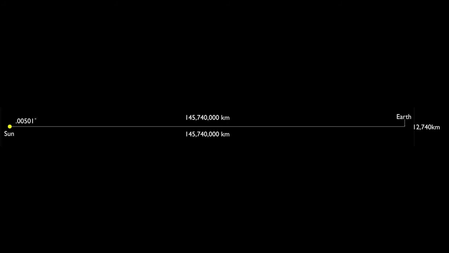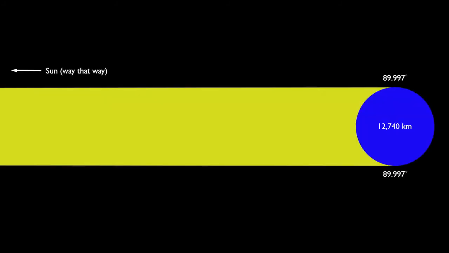If we zoom back into the Earth, the angles at the extreme of the spread at the polar regions are each 89.997 degrees. Nearly right angles, and for all intents and purposes, the two lines are parallel. Repeat that for light off every spot on the sun, and you get very similar results.